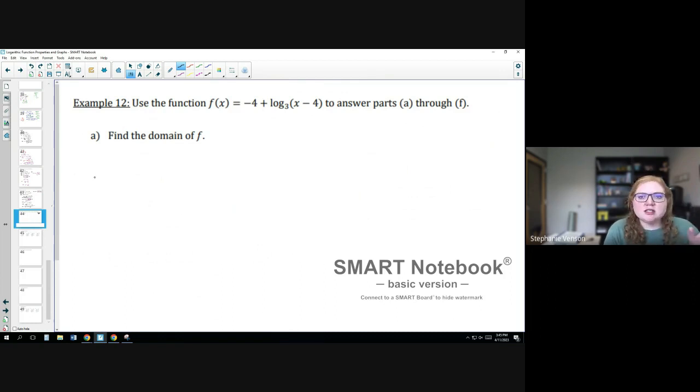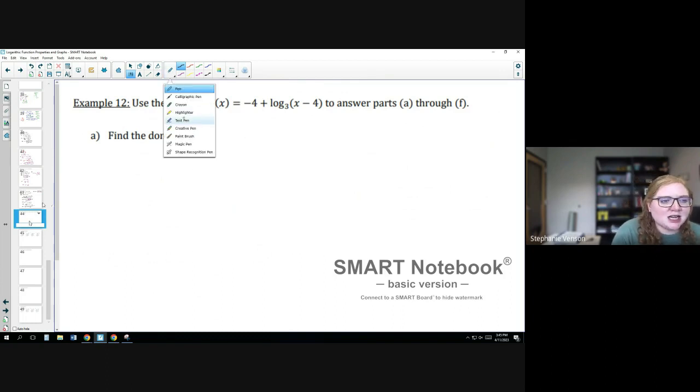Earlier in this lesson, we wrote a rule that said to find the domain of a logarithmic function, you take the inside of that logarithmic function and you set it greater than 0. So the inside of this logarithmic function is x minus 4. So I'm going to say x minus 4 is greater than 0.